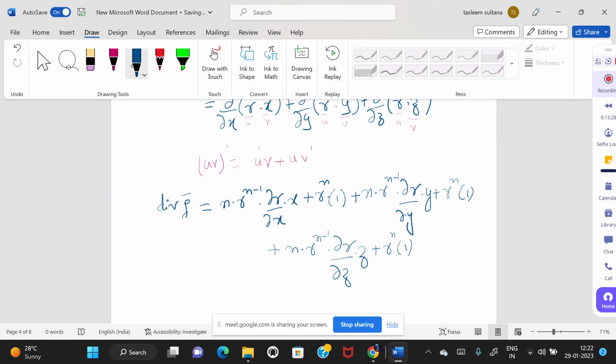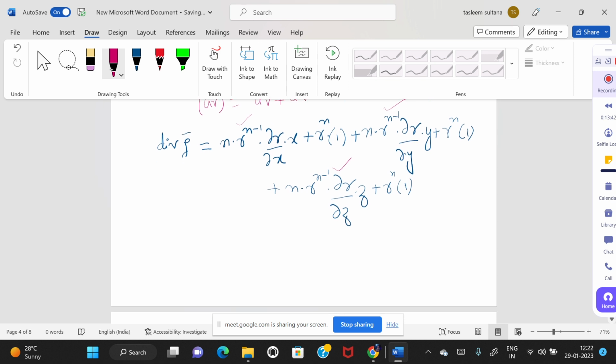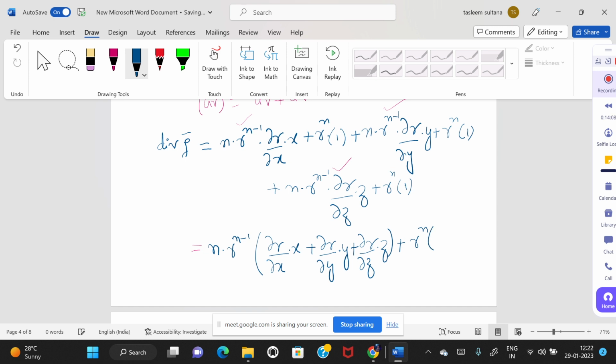Now what we can do? We can take the common from these terms. Combinedly we can take n into r to the power of n minus 1 as common. It equals n into r to the power of n minus 1 of dou r by dou x into x, plus dou r by dou y into y, plus dou r by dou z into z, then plus r to the power of n I will take common.